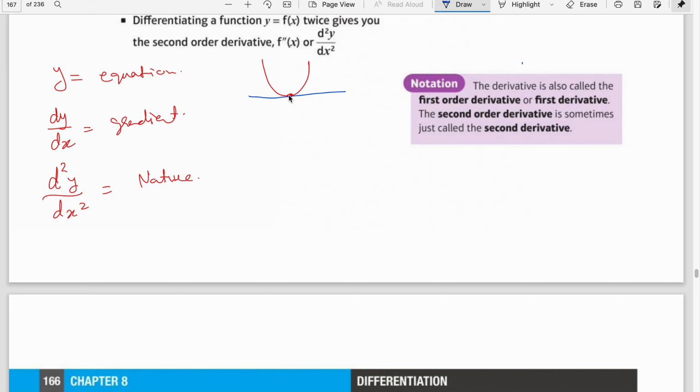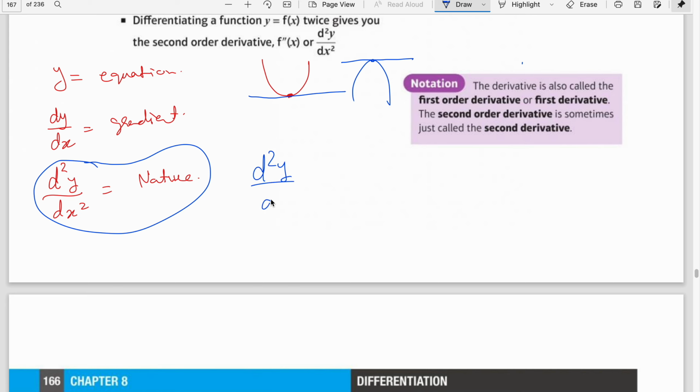But how would I know that this point is a minimum point or maximum point? This right here will tell me if that is a minimum or maximum point. And when d squared y by dx squared is less than 0, that is a maximum point.